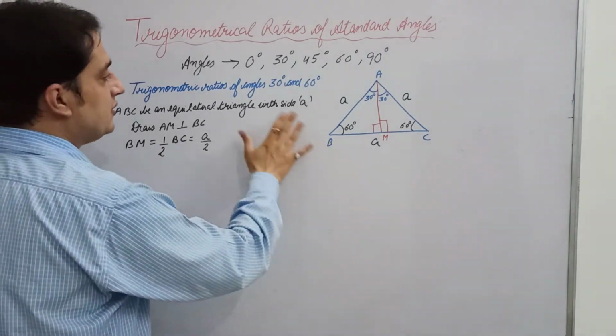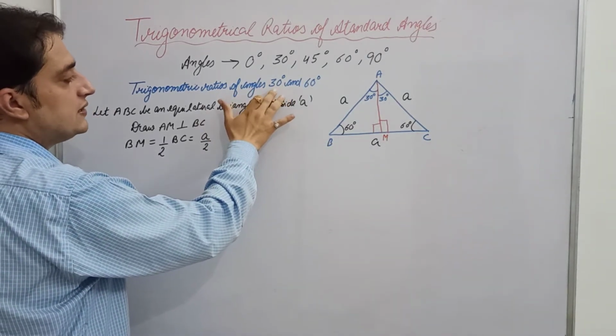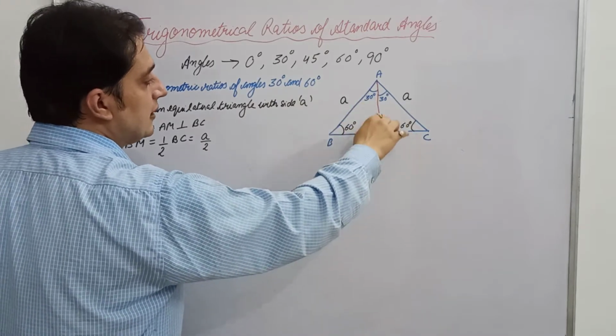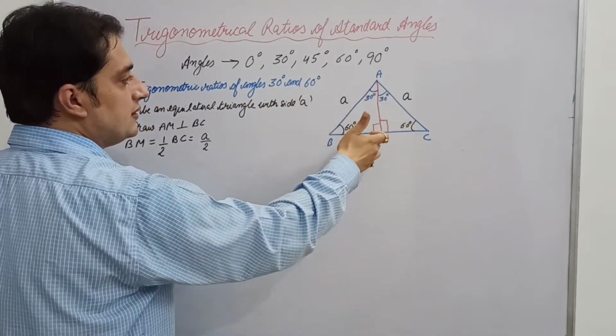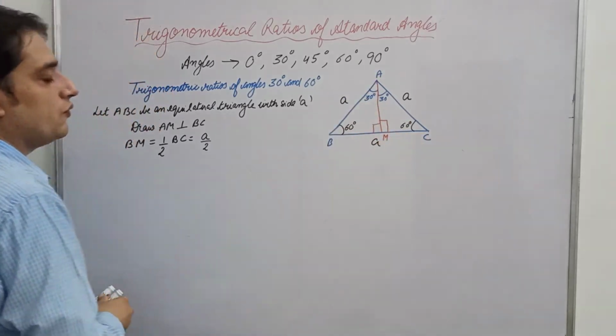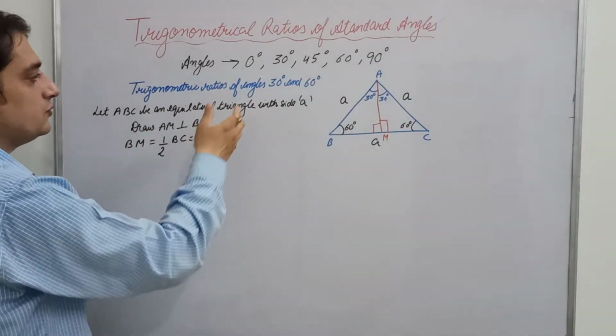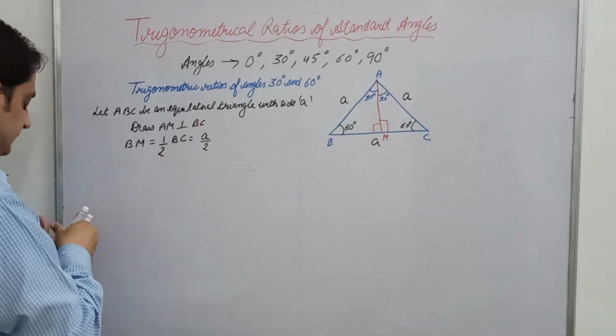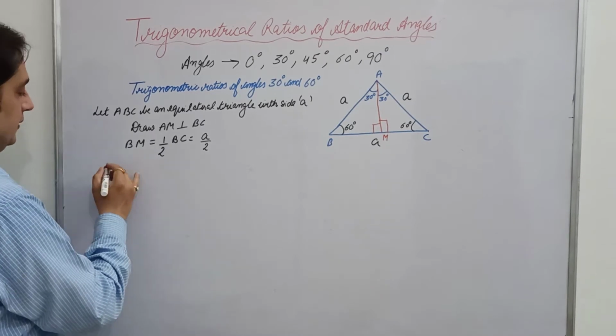So you can find the T ratio values of 30 degree and 60 degree from either of the two triangles. Either you can take triangle AMB or triangle AMC. One of the triangles you can take and find the values of T ratios. So let us take triangle AMB.